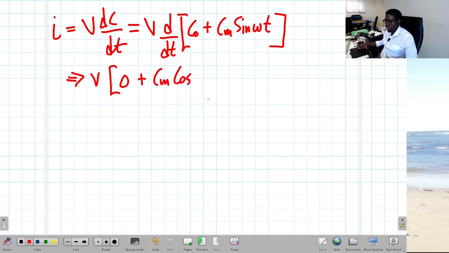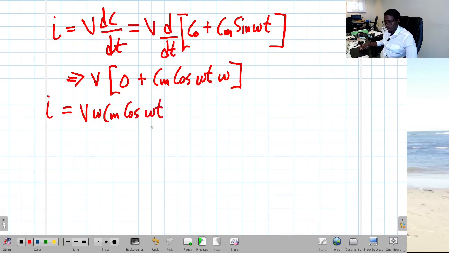After we take the differential, the differential of the constant C0 is 0, then we have Cm cos ωt times ω. Having done that, our current is going to be equal to V ω Cm cos ωt. That's our current value. Or we can say the current is equal to the maximum current times cos ωt.